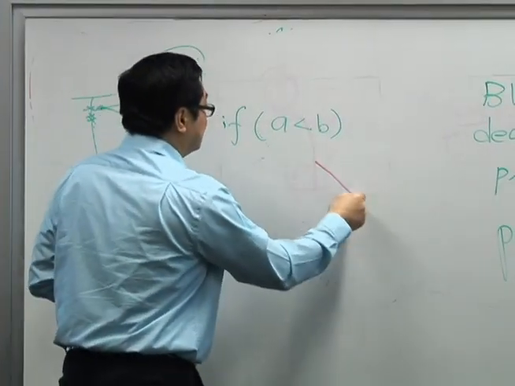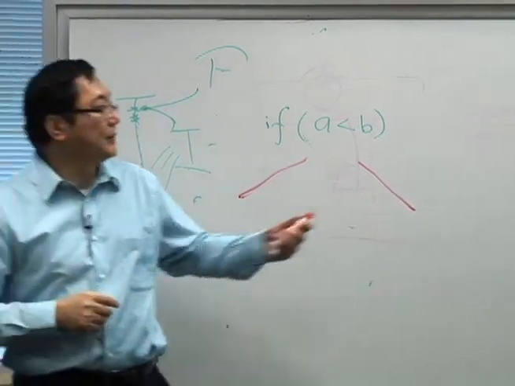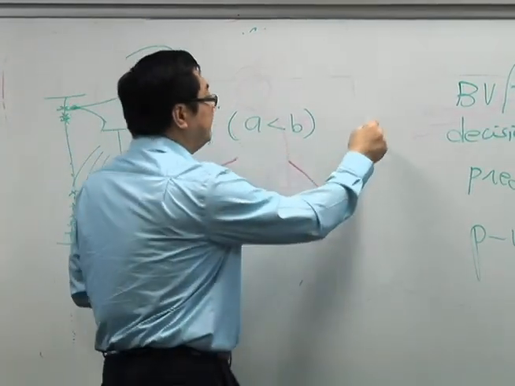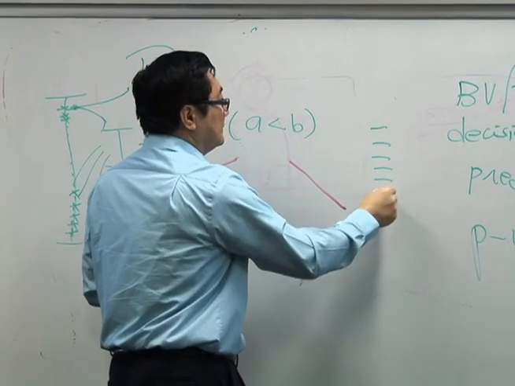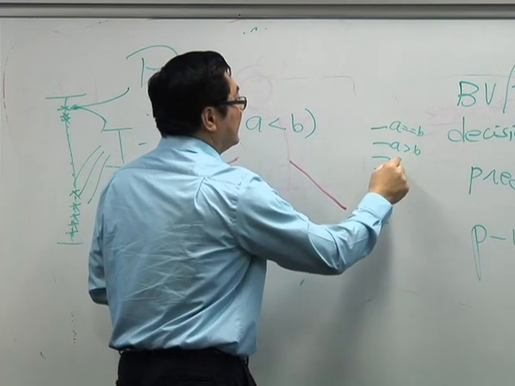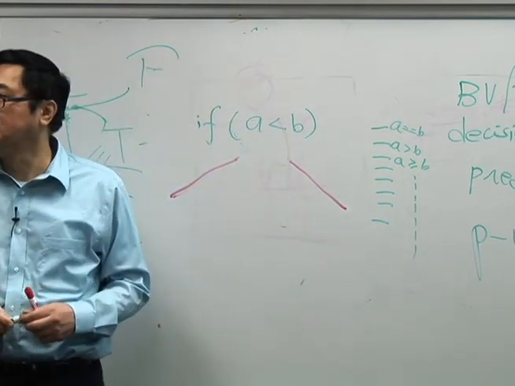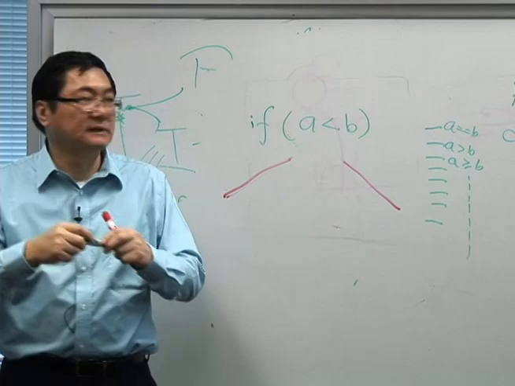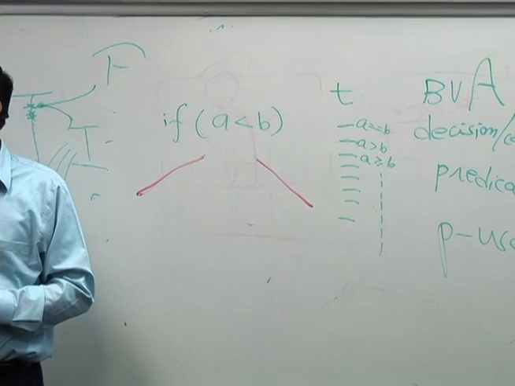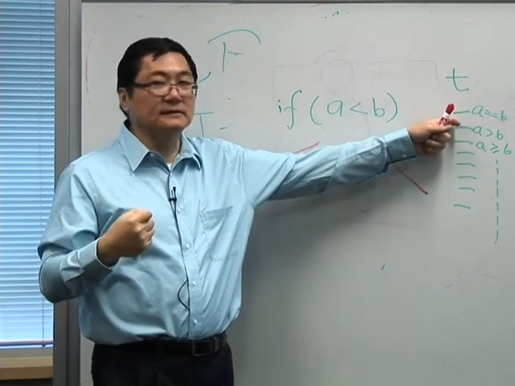Decision: true, false. Right? Predicate testing, you are going to have a set of variations, such as A equals B, A greater than B, A greater than or equal to B, and so on. And you need to have a test case to separate the predicate you have in hand and its variations.